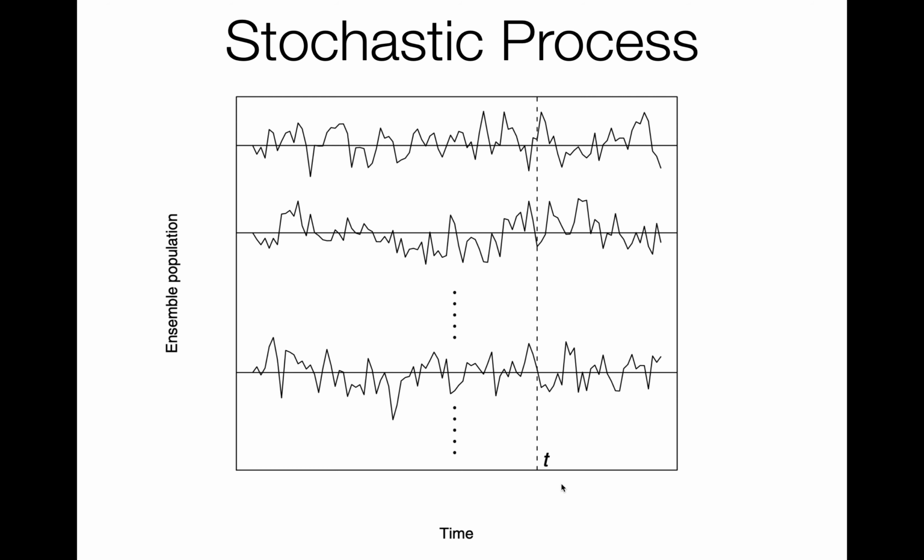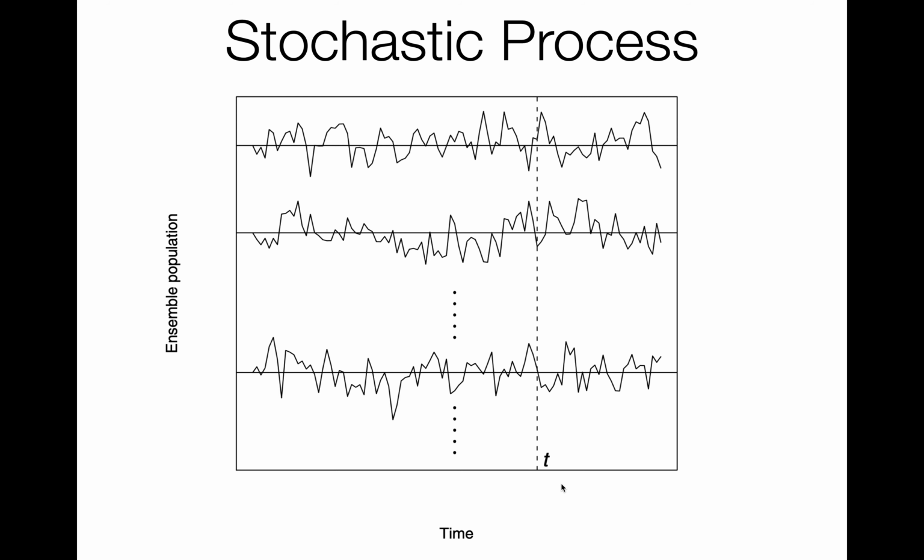A line is a function in a sense, and so each of these are functions. And so I have one function, or I can call it a realization, for every year that I do this. Theoretically, there are an infinite number of times I could do that, and thus an infinite number of functions or realizations.